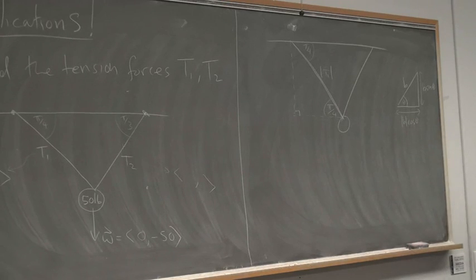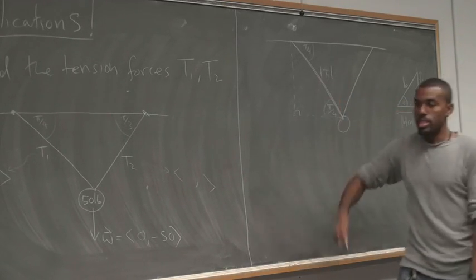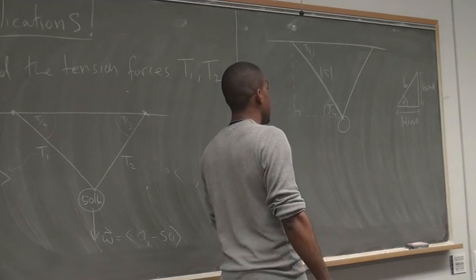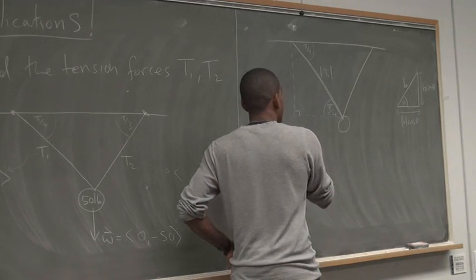Theta is actually pi over 4. I don't know what this magnitude is yet. I want to actually solve for that. So what do I know about this guy?